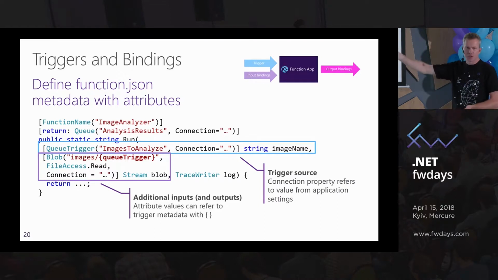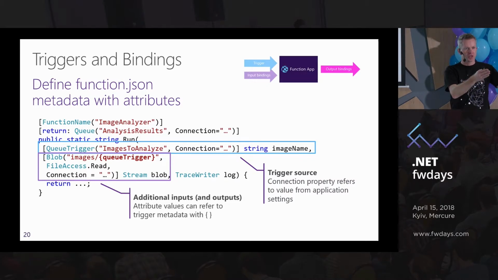But inside of the queue message, there might be some information that indicates that the message is just to signify the fact that something in blob storage has appeared, and it provides the name of the blob item inside the message. So you can refer to the blob attribute that says I want to read from the blob, and its name is images / whatever was in the message.